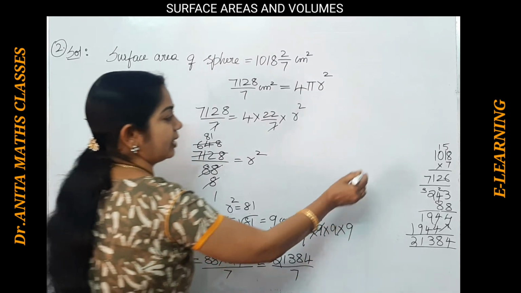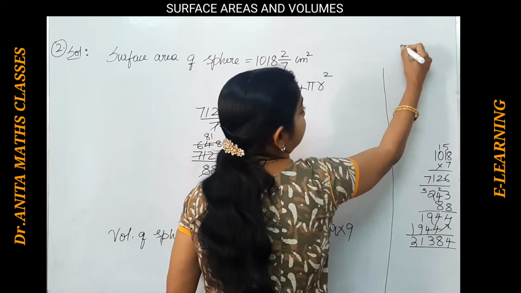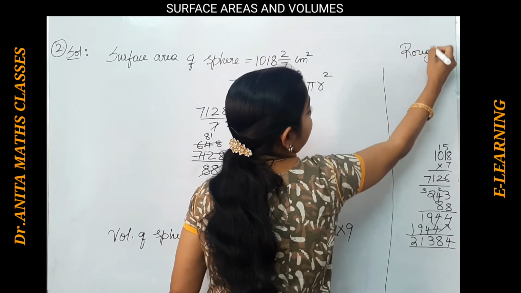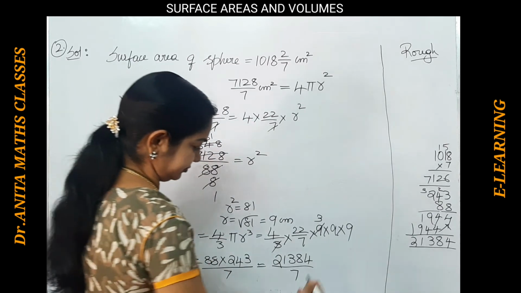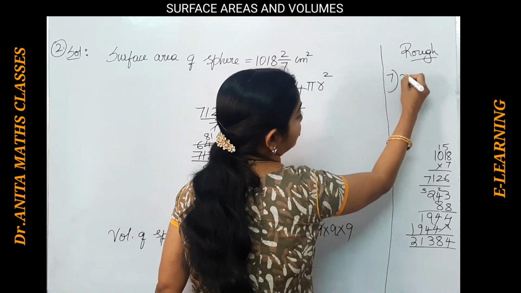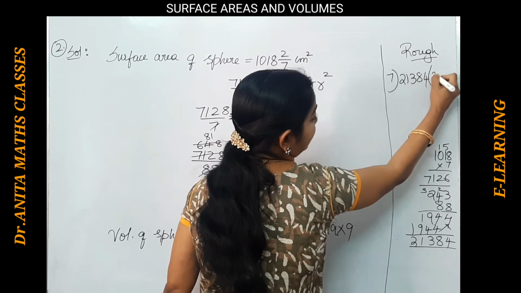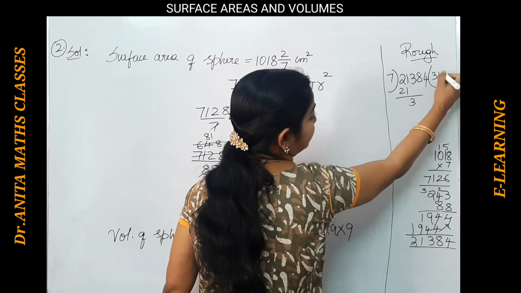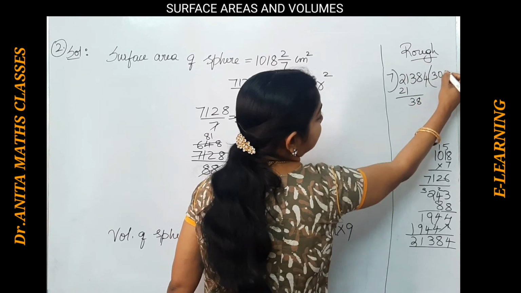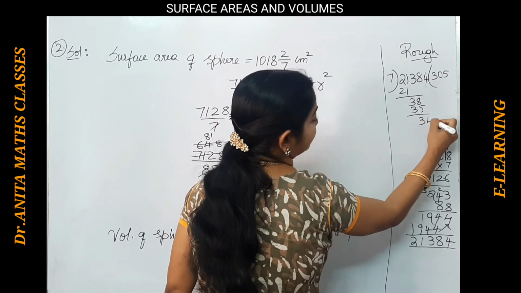So all the rough part we will do it here, making a partition here. So I'll divide it with 7, right? 7 21384. 7 thrice 21. So drop the 3. So it is lesser, so we have to keep 0. So 8. 7 5s 35. 3 4.